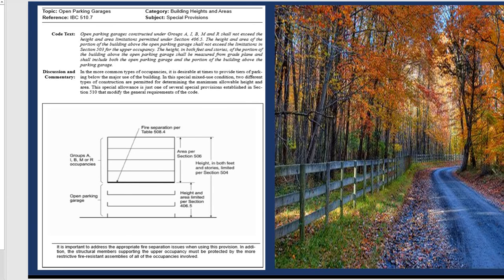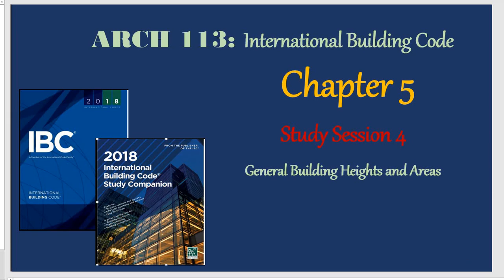So this chapter focuses on the building height and the area. Before you start to design any building, you should know about some regulation conditions before you draw. For example, you have a very big area and it is used for multi-use. That means they have many different types of groups in the design.